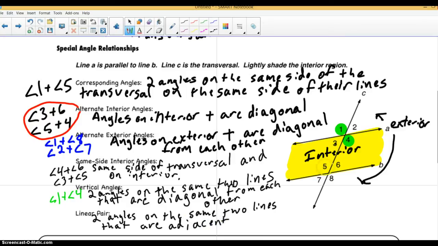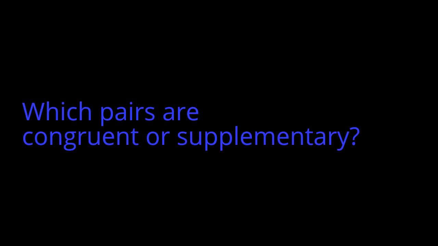And our example was angle 5 and angle 6. Now, one thing that's important to remember is they add to be 180, so they make a straight line. So the angles add to 180 degrees.